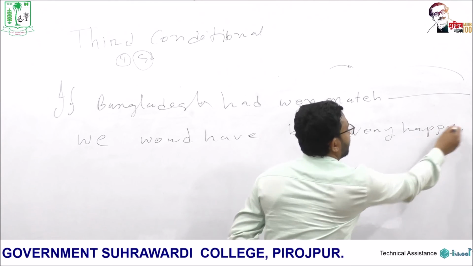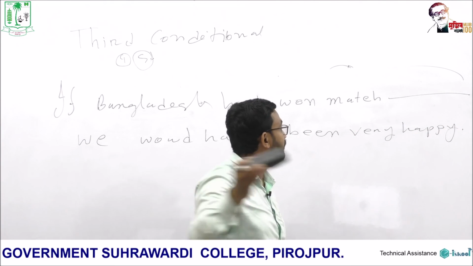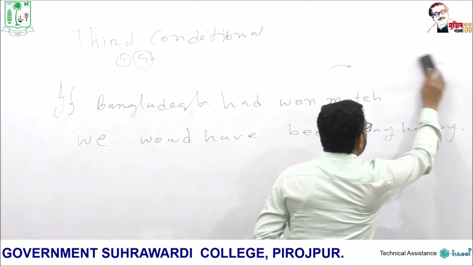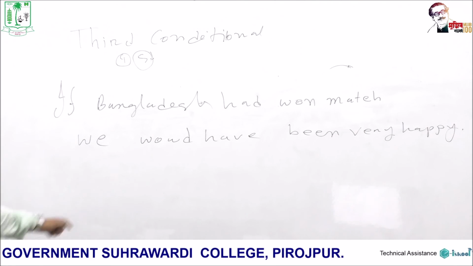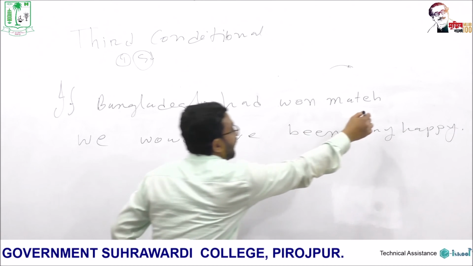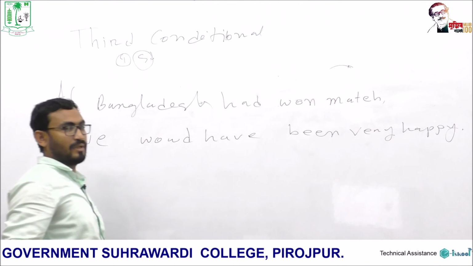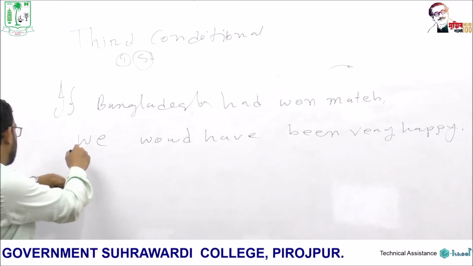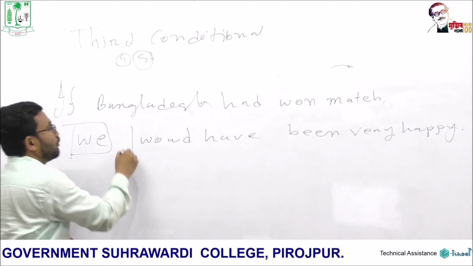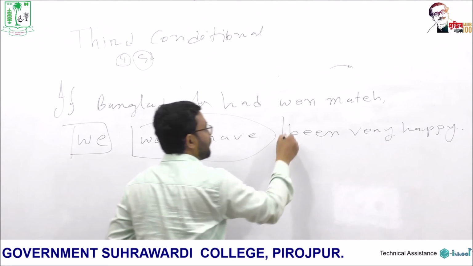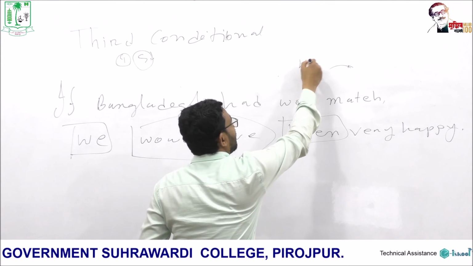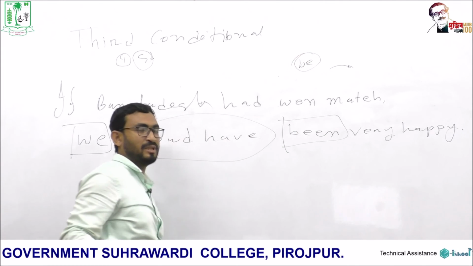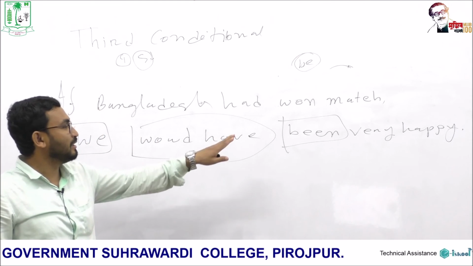I have completed the sentence. Now it's a complete sentence. If Bangladesh had on the match, we would have been very happy. Here I have used the same structure, subject, would have, and past participle form of the principal verb. Here the principal verb is be and the past participle form of the verb be is been.